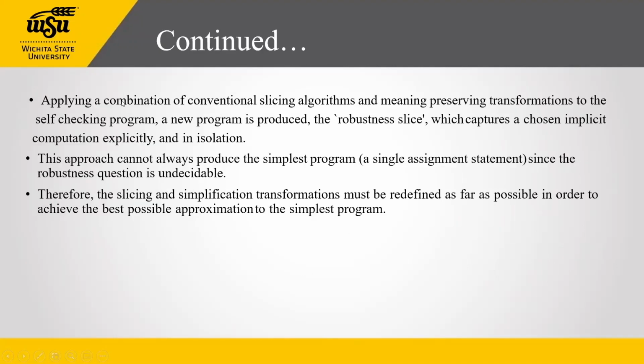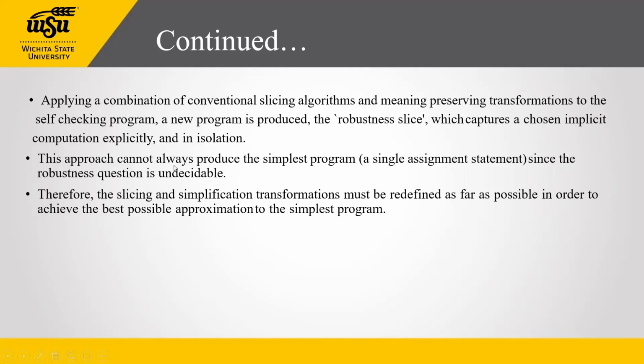Then we apply a combination of a conventional slicing algorithm and meaning-preserving transformation to the self-checking program. The program produces the robustness slices which capture the computation explicitly and in isolation.